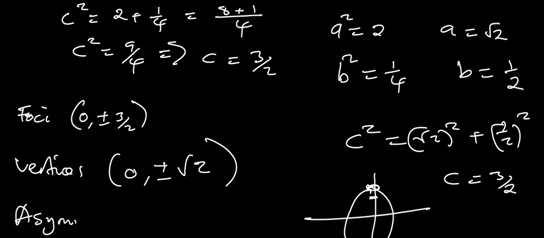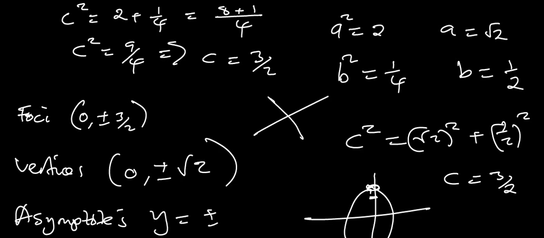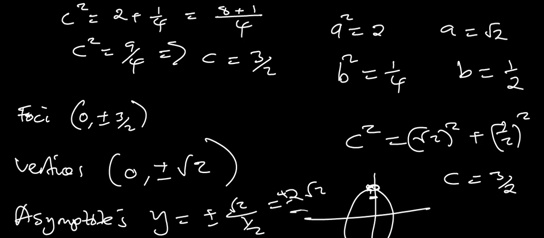Asymptotes, this is supposed to be a over b, plus or minus. We have 2 of them, one that goes like this, one that goes like that. No wonder we put a plus or minus. So plus or minus a, which happens to be root 2, over b, which is 1 over 2. You can just leave it there, or actually write it as plus or minus 2 root 2.